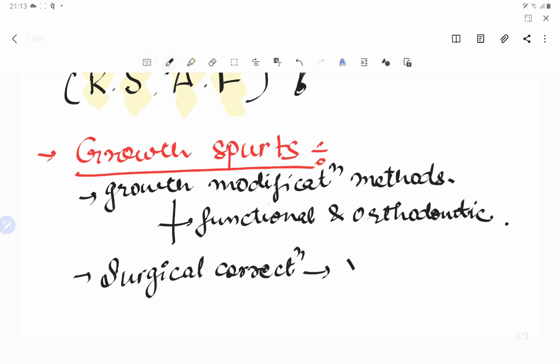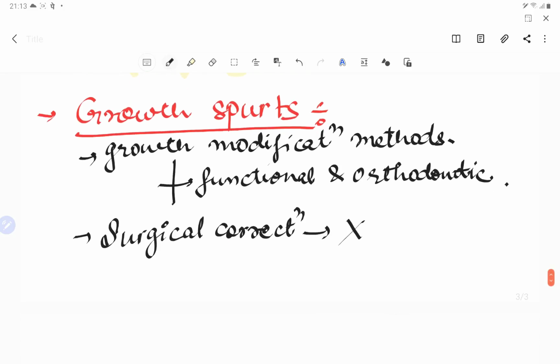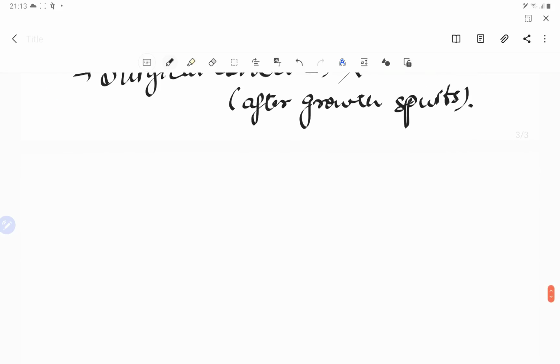Why? Because again growth will happen, because the child is still growing. So all the surgical correction should be done after the growth spurts. Now let's know the timing for the growth spurts.